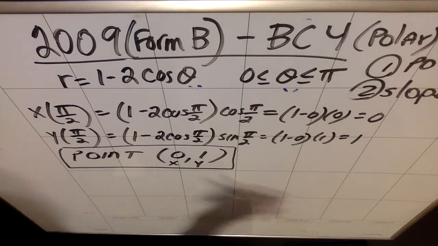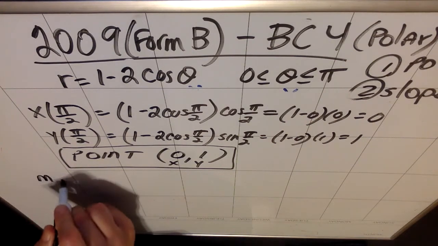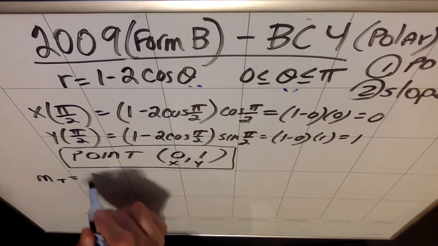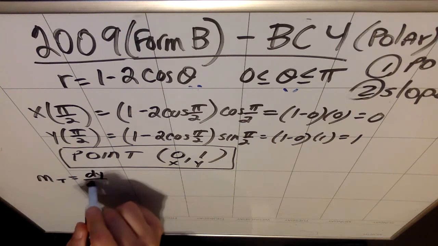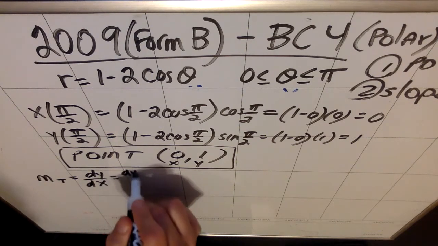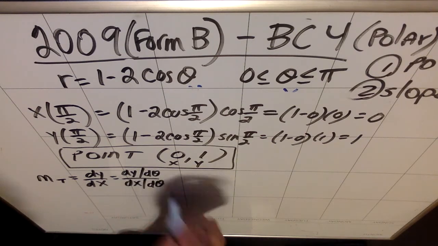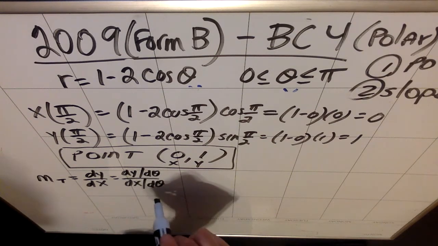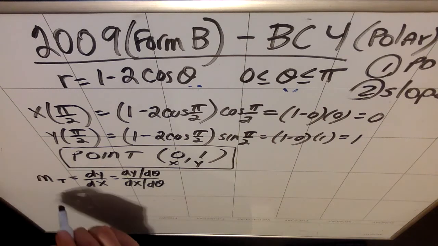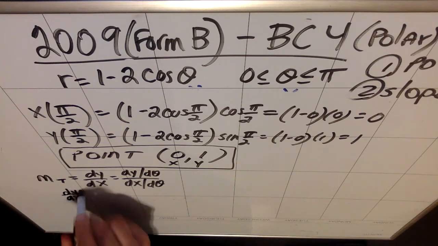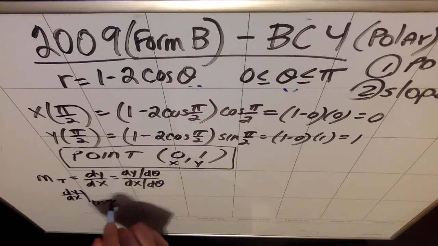The next thing I need is the slope. I'm going to call that mt for m tangent, and that's dy over dx. But since we already found dy d theta in part B and dx d theta, we're really just putting dy d theta on top of dx d theta. So what I want to do is to find my tangent slope, my dy dx, evaluated when theta is pi over 2.